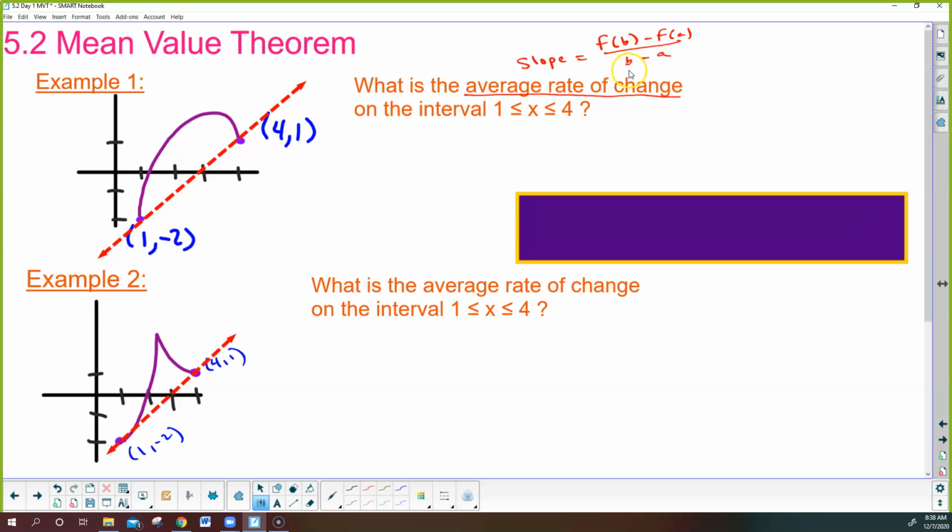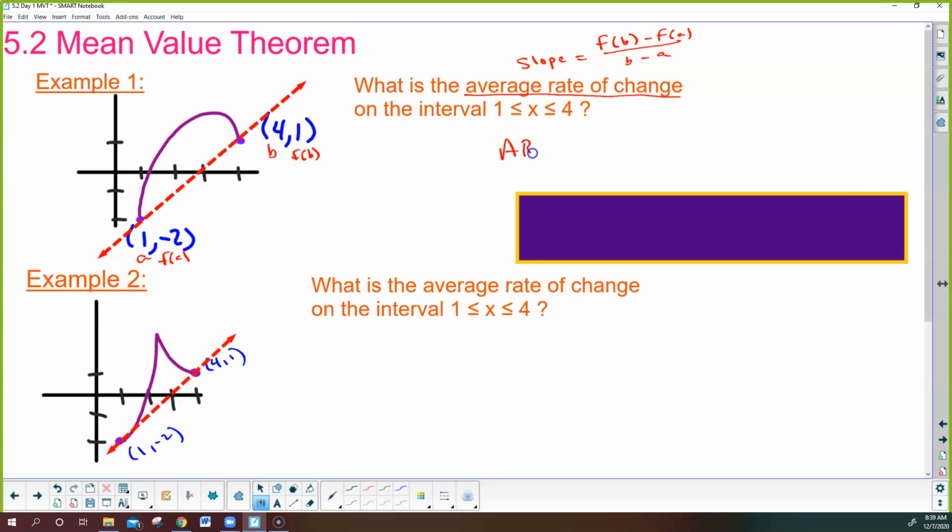Now I could have written the slope formula in terms of x's and y's, but it's better to think of it as if I have a point A, then its output is f of A. If I have a point B, then its output is f of B.